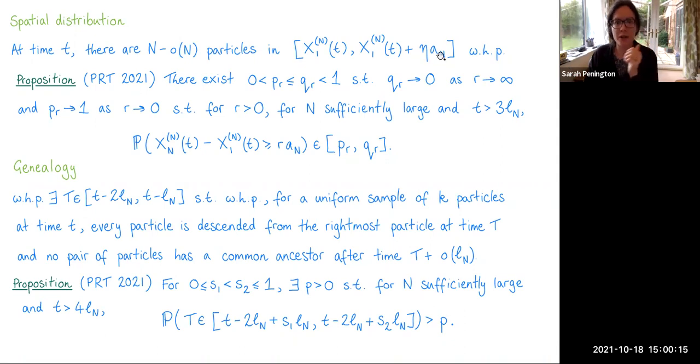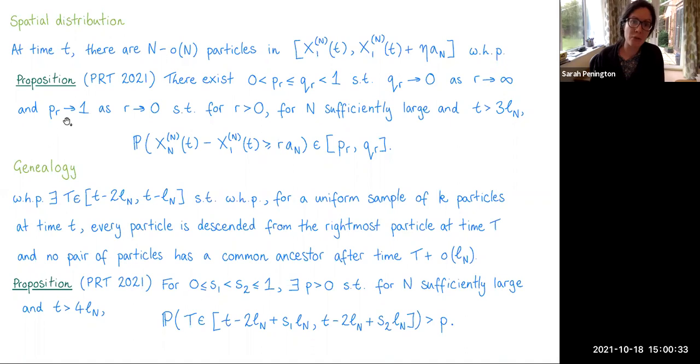So what we can show is that for any positive r, there exist PR less than or equal to QR strictly between 0 and 1, such that QR goes to 0 as r goes to infinity, and PR goes to 1 as r goes to 0.